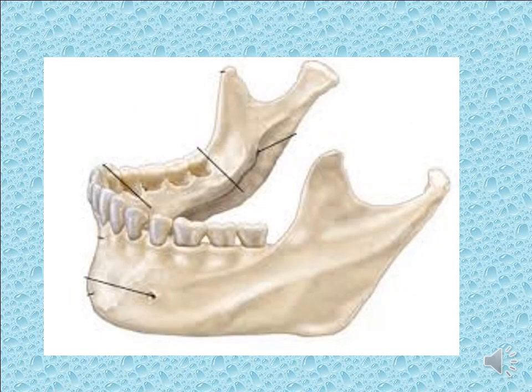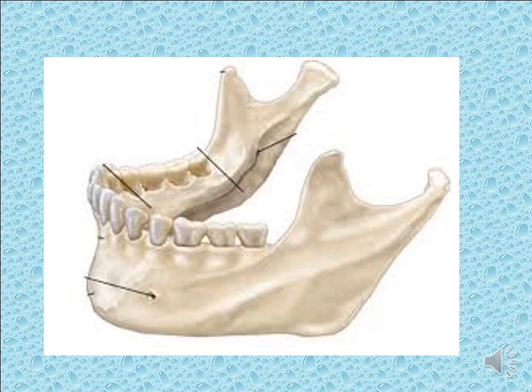This figure shows the mandible has two parts, the body of the mandible and the ramus. The body is horizontal in its position. It has two parts: the upper part is the alveolar process, and the lower part is the base of the mandible. On the anterior surface we have the mental foramen between the roots of the first and second premolars, and the external oblique ridge that goes to the anterior border of the ramus.